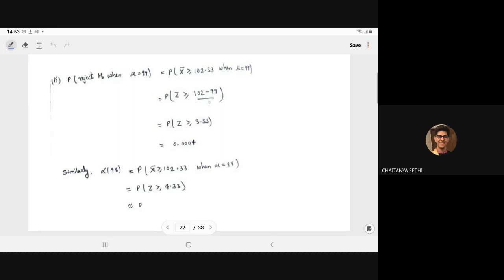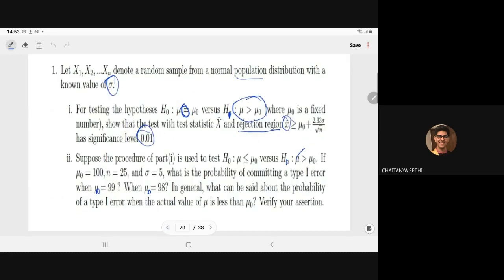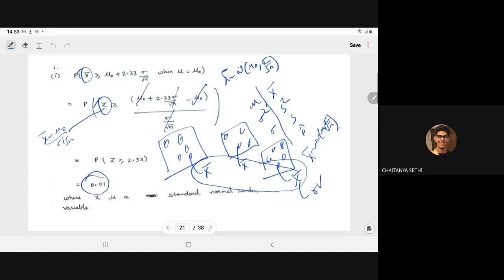So this is the probability of rejecting the H naught when H naught is true. H naught is true means here it is given to you mu is equal to 99 and here mu is equal to 0.99, which is less than the true value 100. So when H naught is true, what will be the type 1 error?